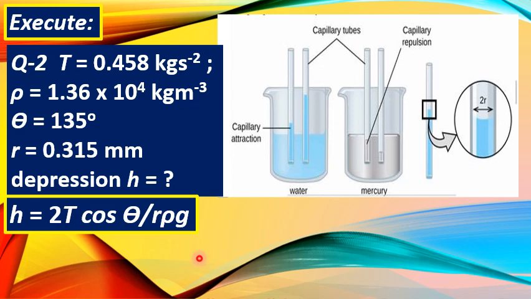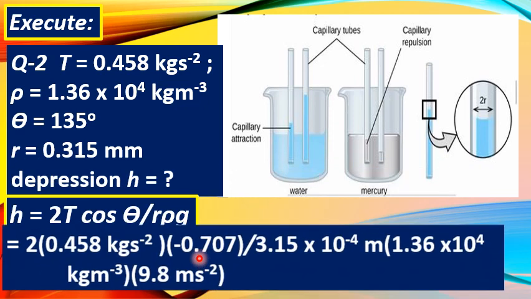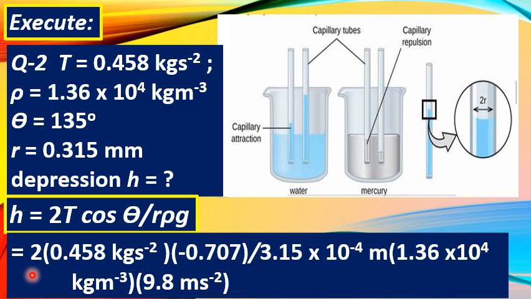So when you substitute the given data, small h is equal to 2 times 0.458 kilogram per second squared. And the cosine of the angle 135 degrees is negative 0.707 in 3 significant figures.